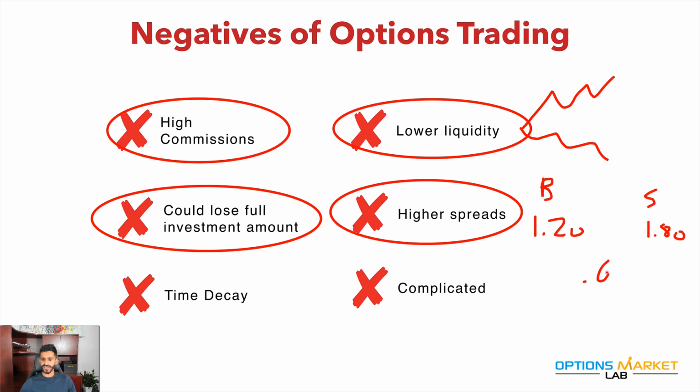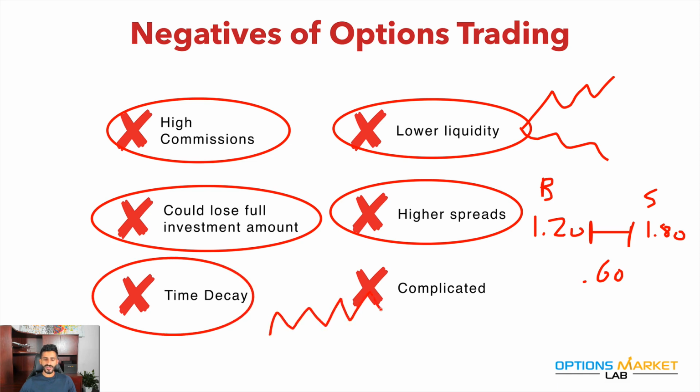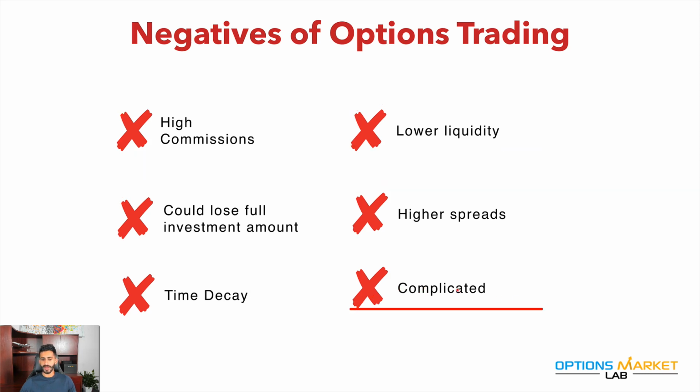So there's a 60-cent spread. There's time decay, meaning you're going to lose money each and every single day if the trade doesn't move in your favor. If you buy a call option and one day the stock stays flat, your premium will go down. With stocks, you don't take that hit. And finally, trading options is very complicated to understand.